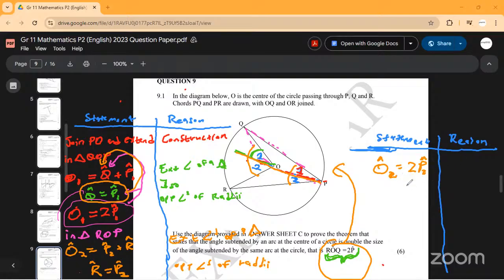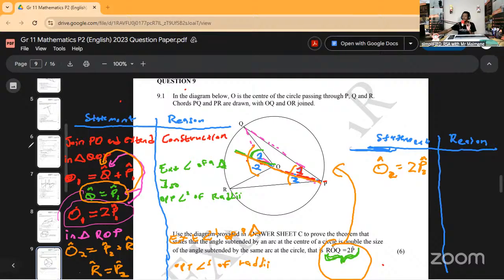Yes. Great. Now, what if we add the two angles, both sides? So O1 plus O2 would be equal to 2P1 plus 2P2.